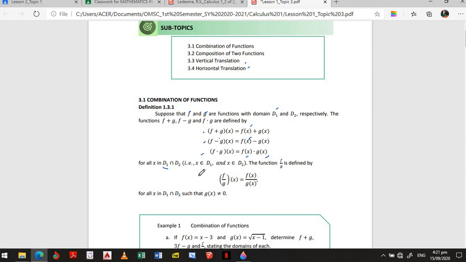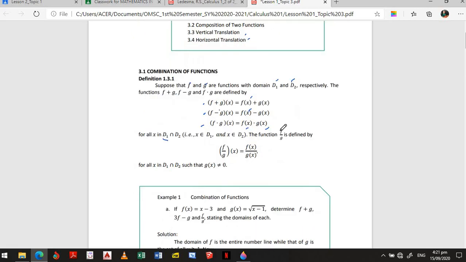We say that x should be an element of domain 1 and also an element of domain 2. Now the quotient of our functions, denoted by f divided by g or f over g, is defined by f over g of x equal to f of x over g of x.